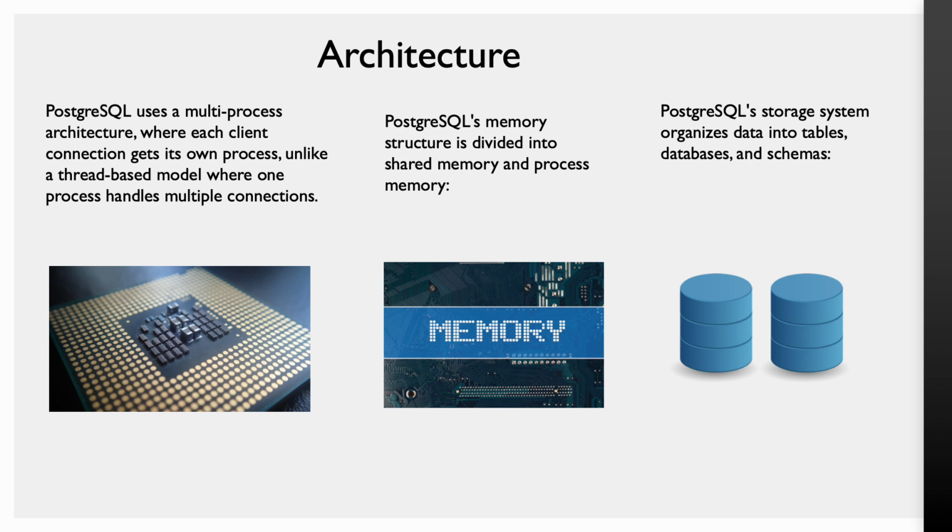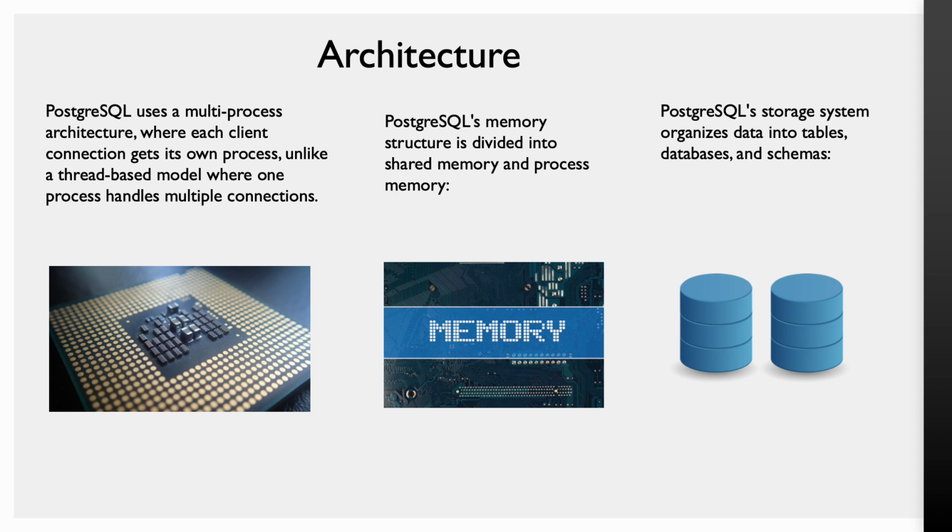Backend processes: a new process, called a backend, is created for each client to manage their requests. Master process, also known as postmaster: the master process manages these backend processes, handling the client connections and disconnections.